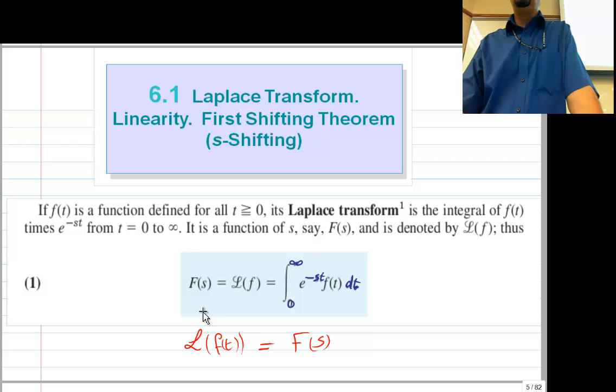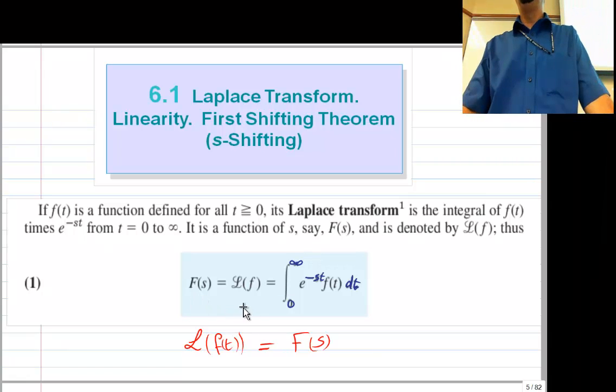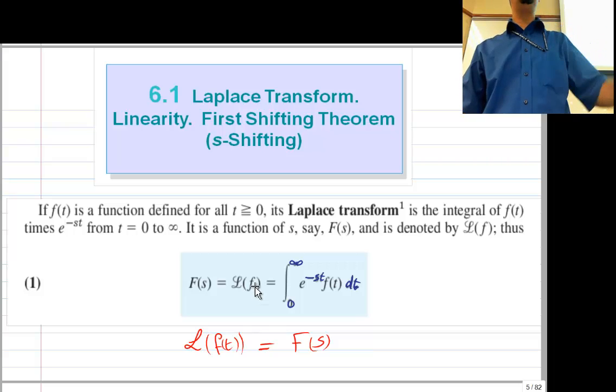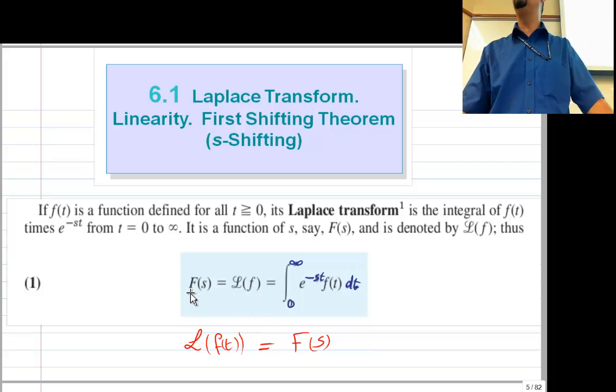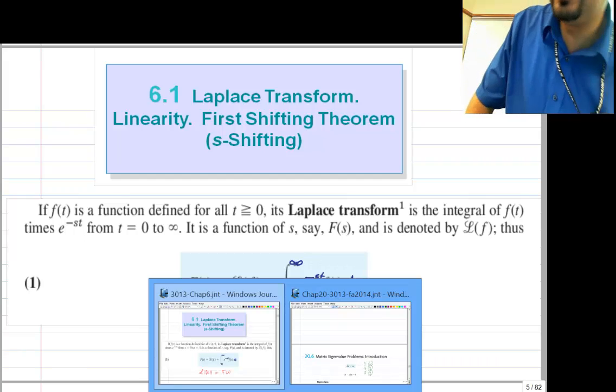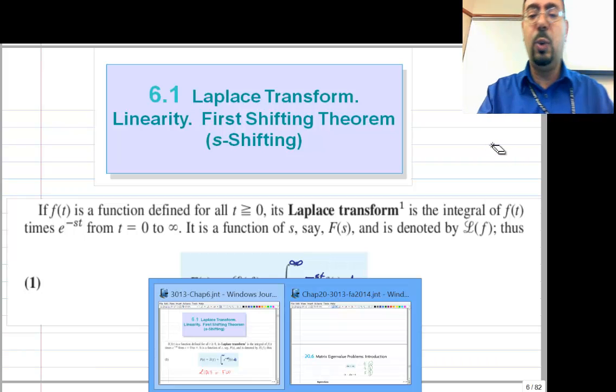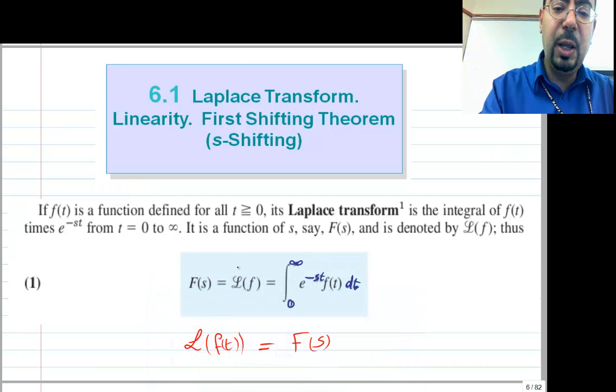So for any f of t, the Laplace of that f of t, that new function, will be f of s. And to keep things clear, when it's a function of time we will make it a small f, and when it goes to the S domain we will make it capital. This way you don't even have to write f of t and f of s. That's why you simply say the Laplace of f.